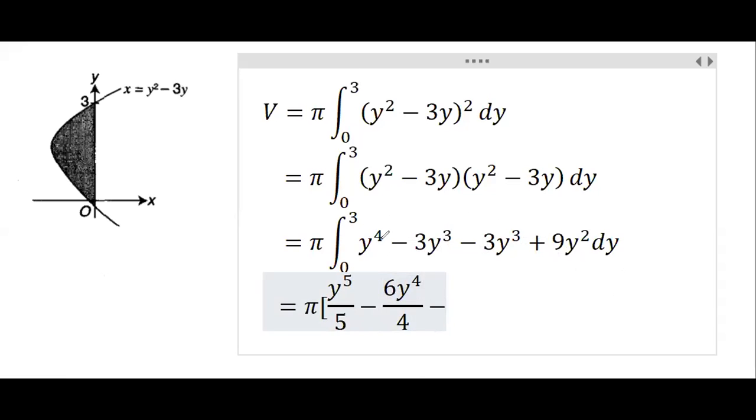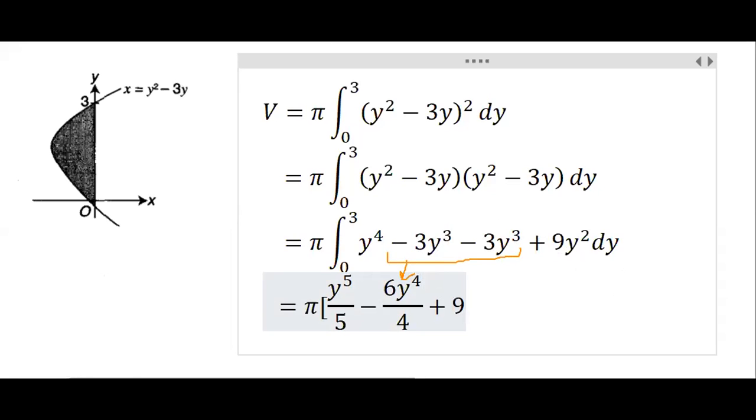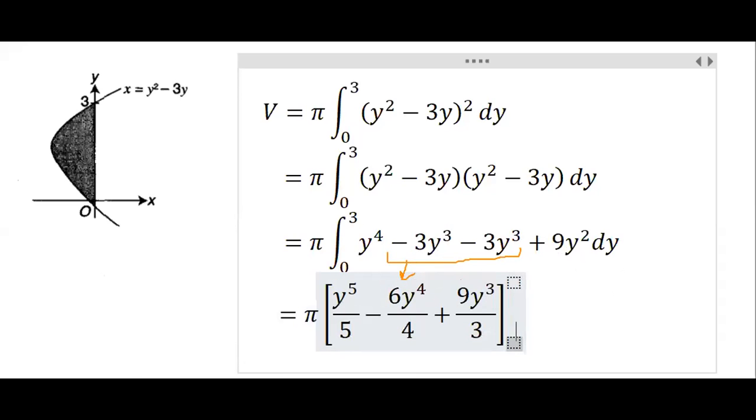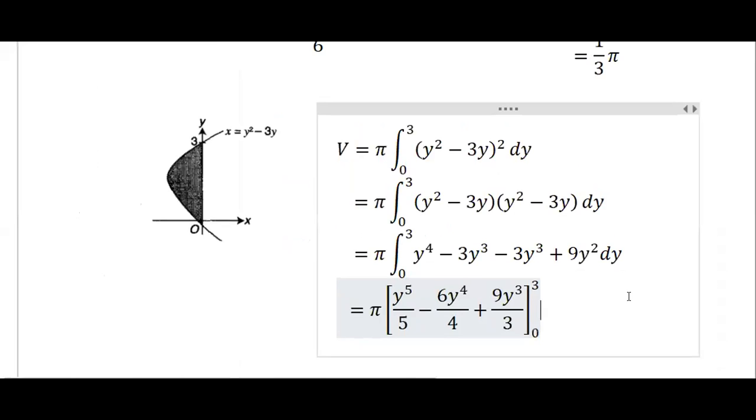Okay, ini saya join. Okay, sini join. Take note. I join become this one already. Okay, 9y square become what? 9y cube per 3. Yes, kuasa tambah 1 bahagi kuasa. Okay, from 0 to 3. 0 hingga 3.